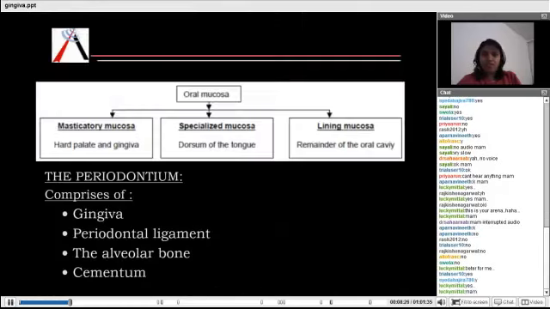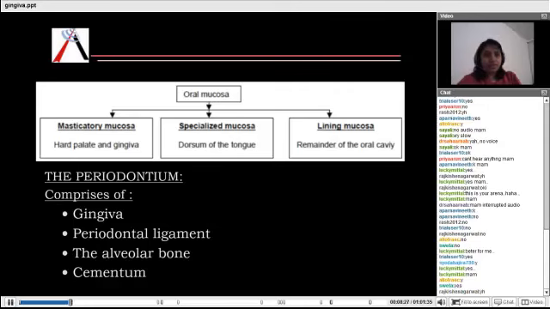Yeah, in the beginning we'll have people logging in, logging out and all that, a little bit of distraction, but it should be fine. Okay, so when we talk about gingiva, of course we always start with oral mucosa. Now we all very well know, from a histology point of view, our oral mucosa is divided into three types: the masticatory mucosa, the specialized mucosa, and the lining mucosa.